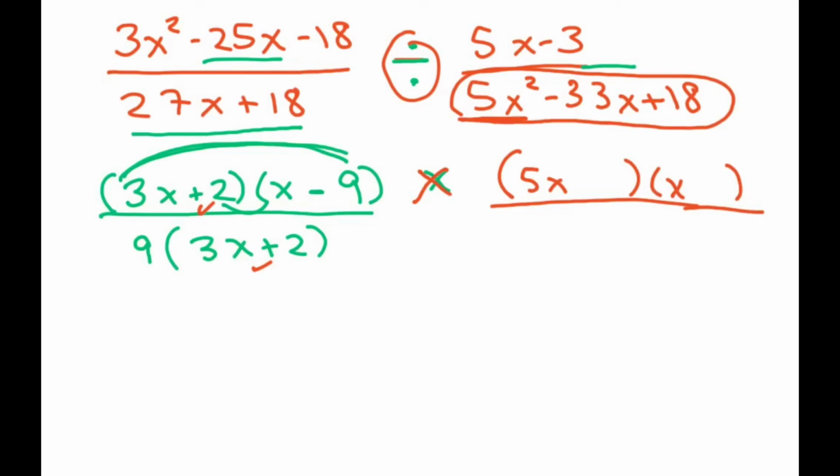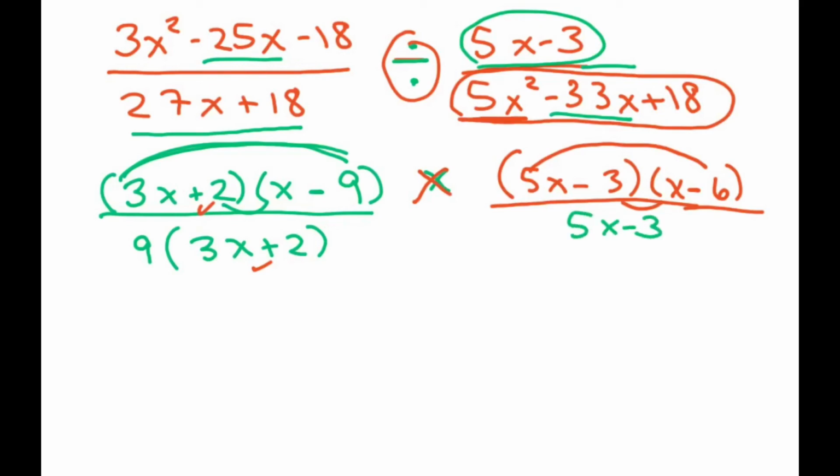They're both going to be negative, and we have an 18. So I'm going to try a 3 and a 6, and then double check. So that's going to give me a negative 30 minus 3, and that does give me a negative 33. Now, this now goes in the denominator, so that's 5x minus 3.